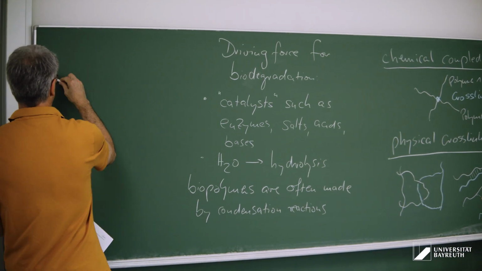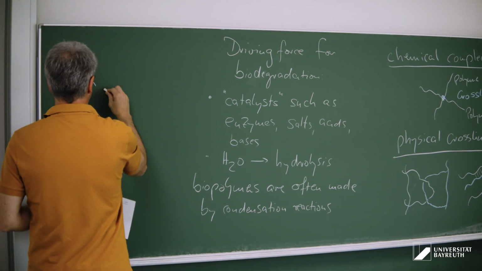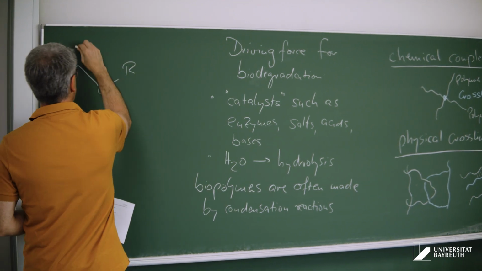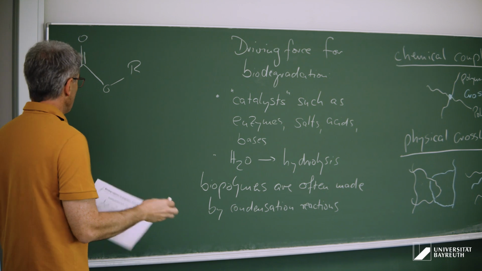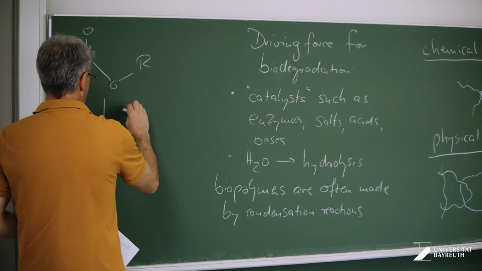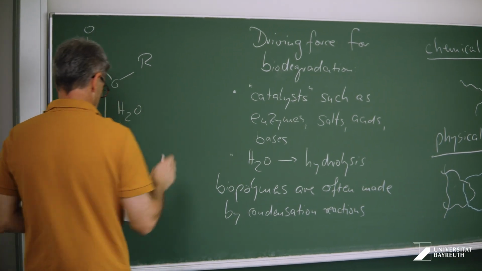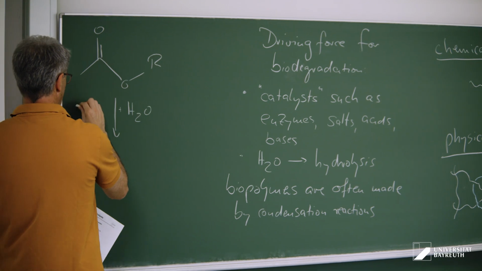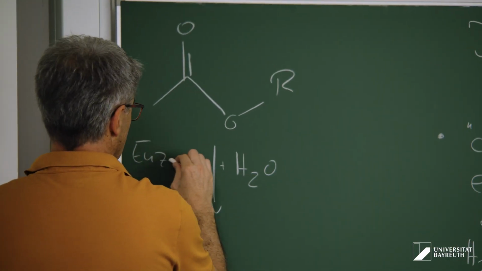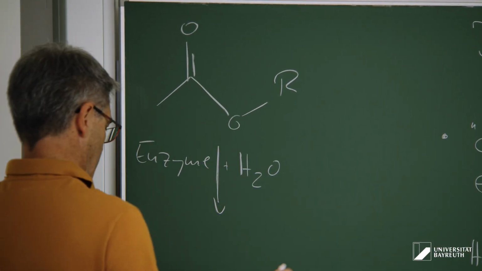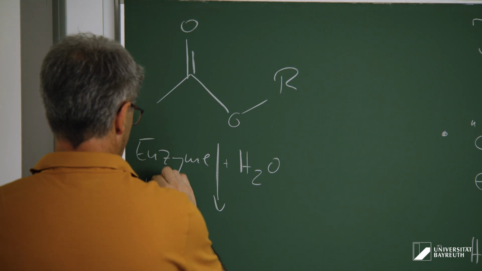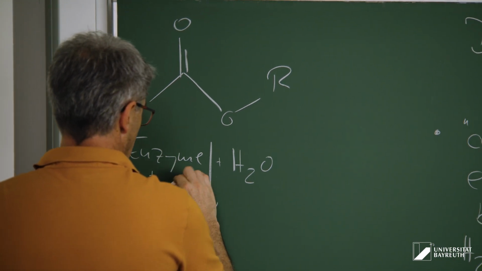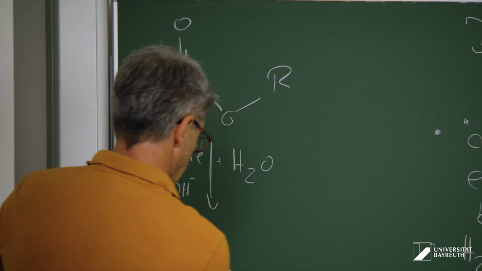To make this quite clear, just draw here a very simple molecule, and if we now add some water here, and we can add an enzyme, and we can have some acidic or basic conditions.